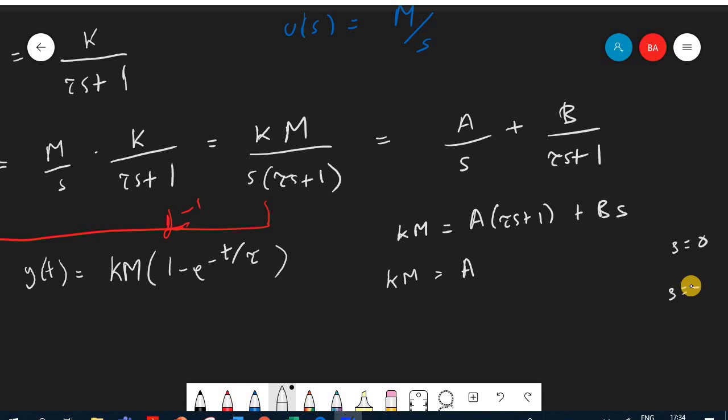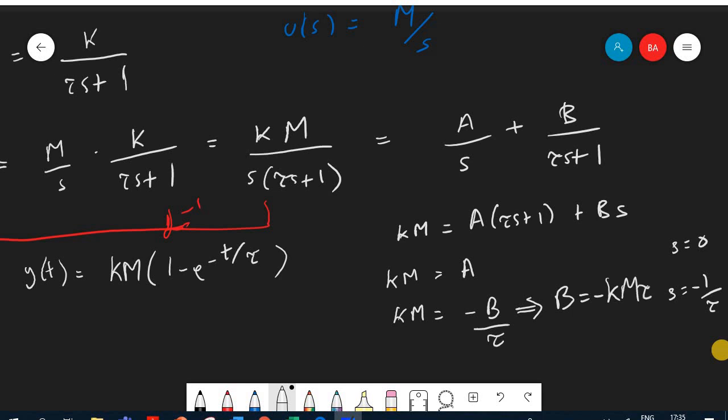Then I substitute s equal to minus 1 over tau, just to cancel out the first term that you have here. So if I substitute s equal to minus 1 over tau, the answer will be Km is equal to B multiplied by minus 1 over tau. So B is equal to negative Km tau.